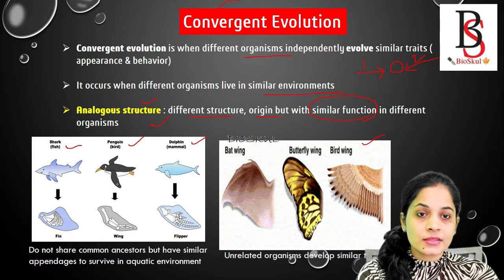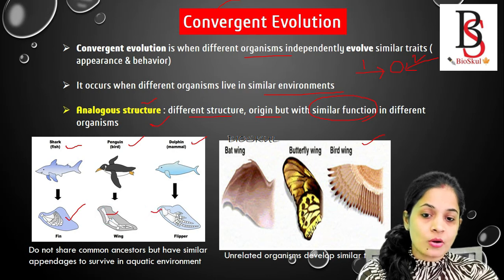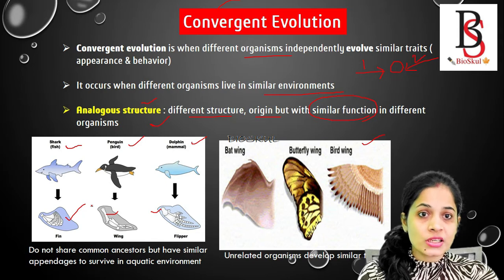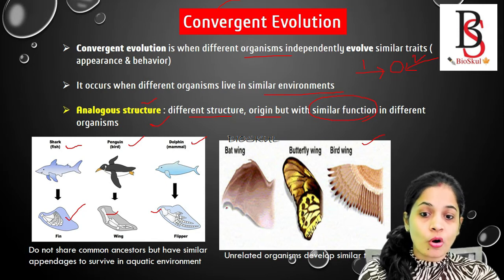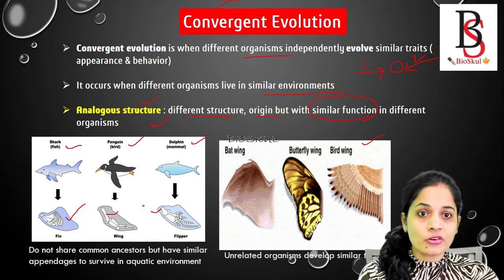They are similar traits, but structurally and anatomically they are different. Look, the fins, wing and flipper look different from each other structurally. Also, their origin is different, but all of them have a similar function. The similar function is that all of these help in swimming, right?